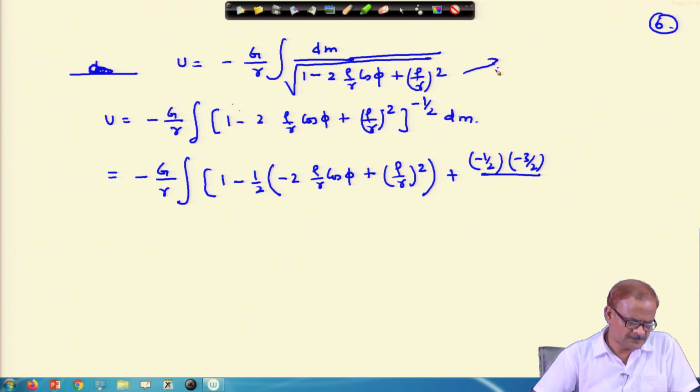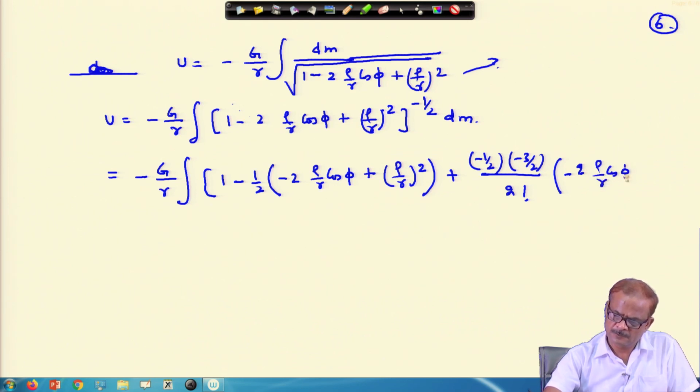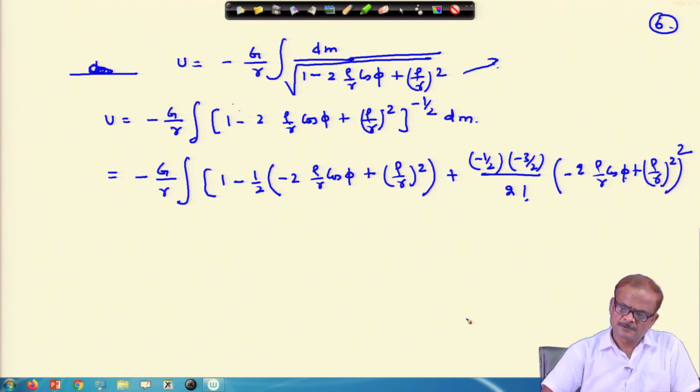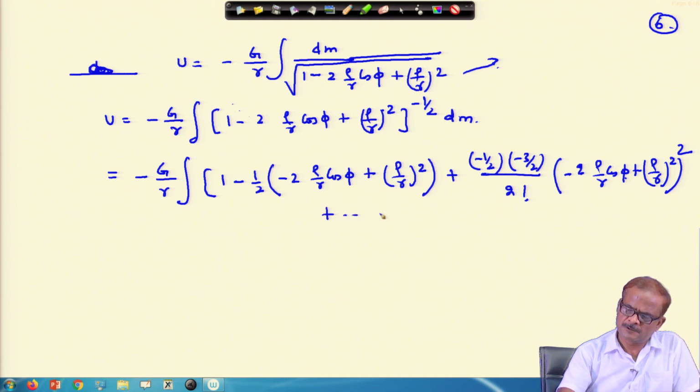Using the Taylor series you can do the expansion of any function. This kind of function is very easy to expand, and this is a very standard equation available in the books. Minus 2 rho by r cos phi plus, and so on, the higher order terms.